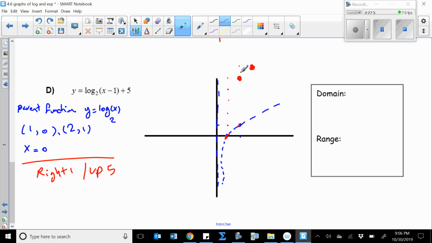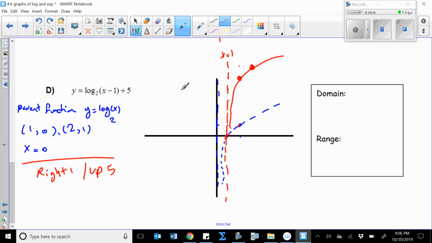So these are the 2 points, and the asymptote, if I move it up 5, I won't see any change because it's a vertical line. And if I move it right 1, I will see the change, so it will be moved right 1. x equal to 1 is my new asymptote. Now the graph will look like this.